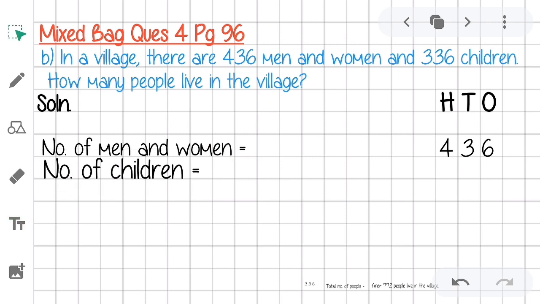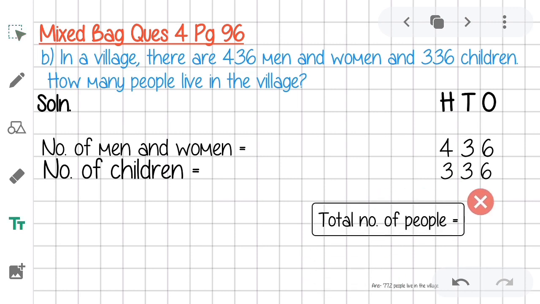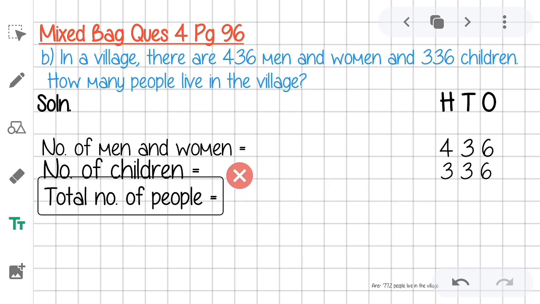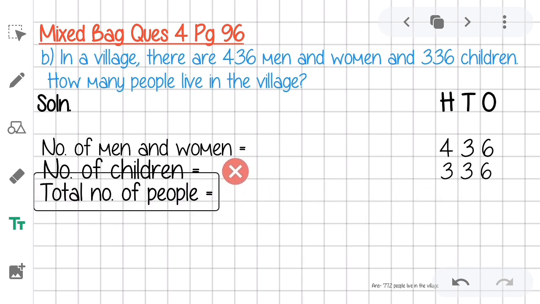So we'll write it in the next line. And how many children are there? There are 336 children. So that we'll write in the last 3 blocks below H, T and O column again. Now we have to find out the total number of people in the village. So the step for the same will be total number of people. So that we will write in the next line. So to find the answer, we will put a plus sign here.